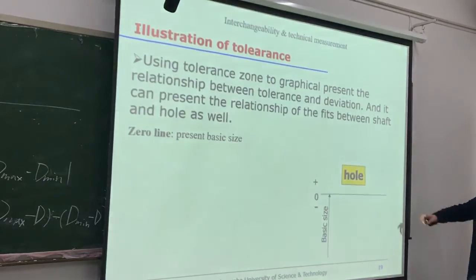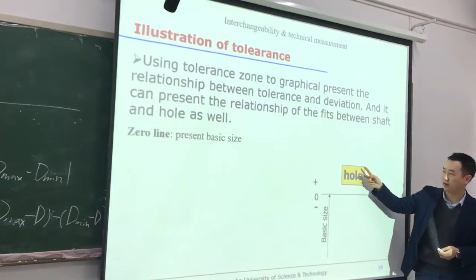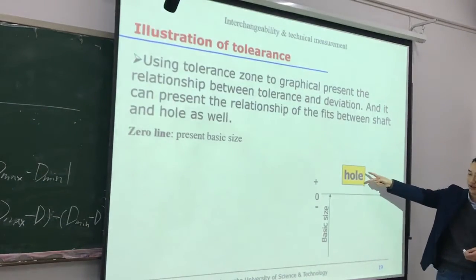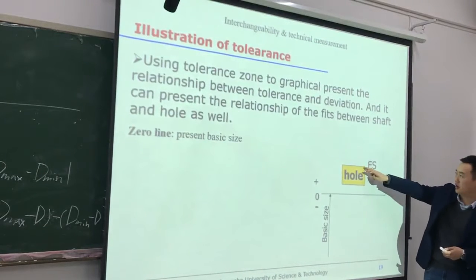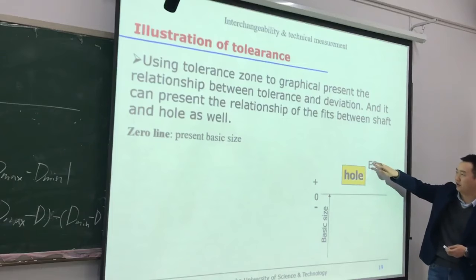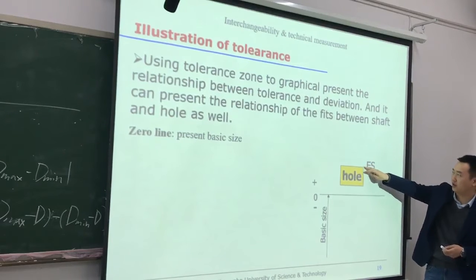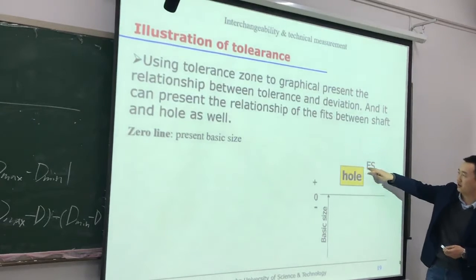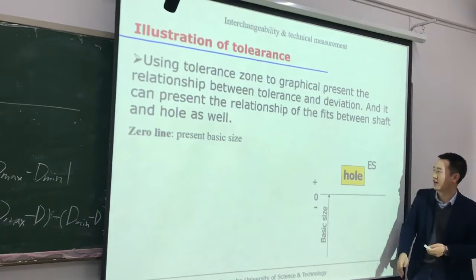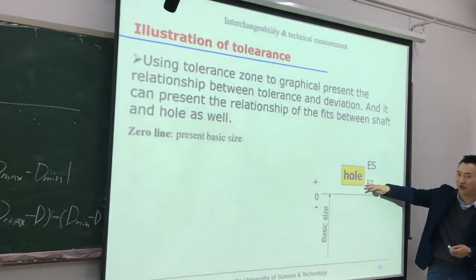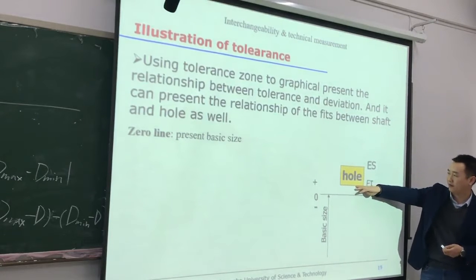Then we draw a rectangle here to represent the tolerance for the hole. We need to write its upper deviation next to the upper line, and write its lower deviation at the lower line.